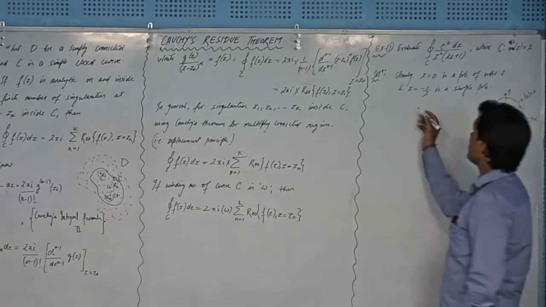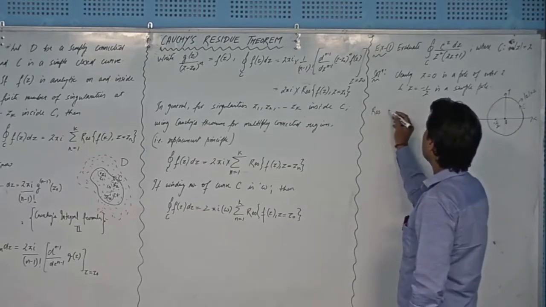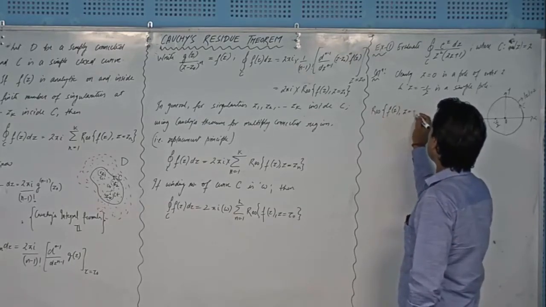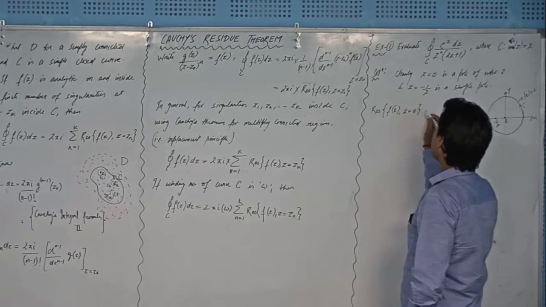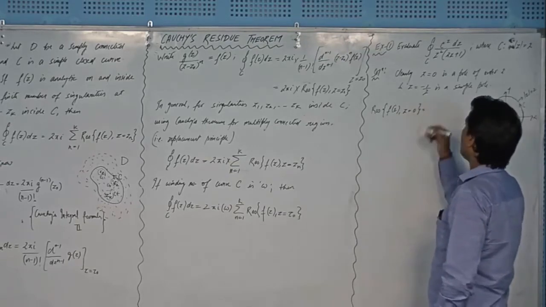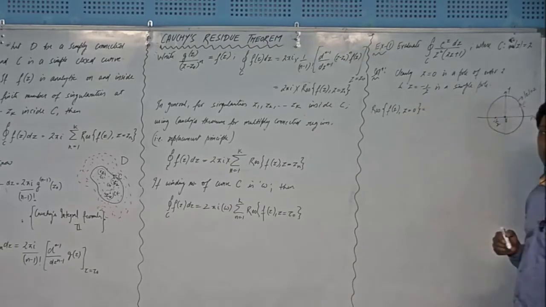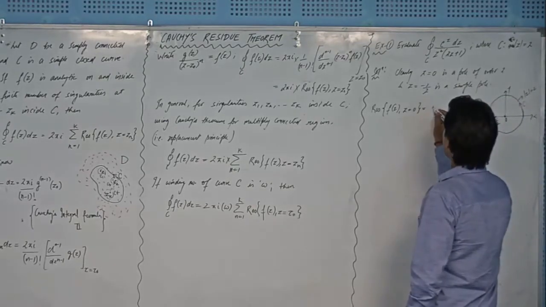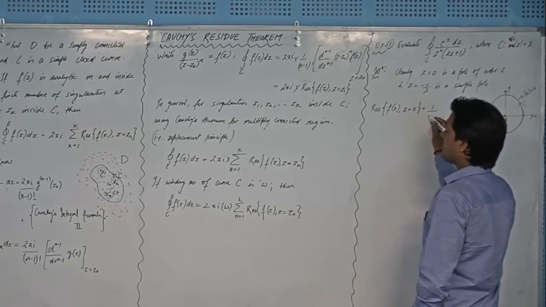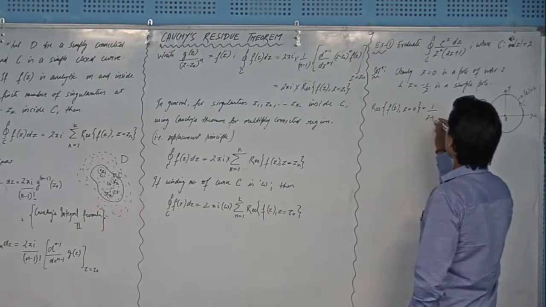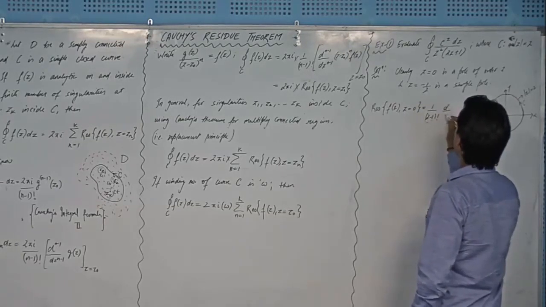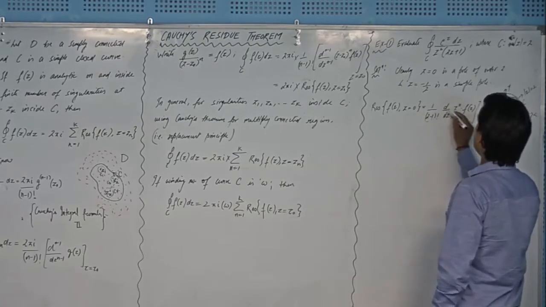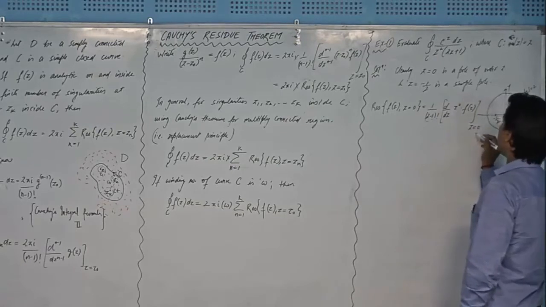Okay, so I will find the residue at z equal to 0 first. Since it is a pole of order 2, I will use the formula 1 over n minus 1 factorial, that is 2 minus 1 factorial, and d by dz of z square times f(z), and then it is evaluated at z equal to 0.